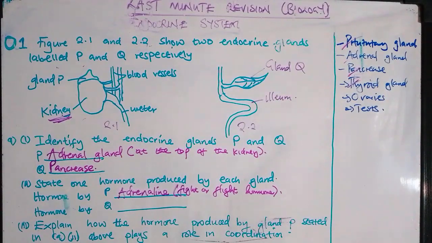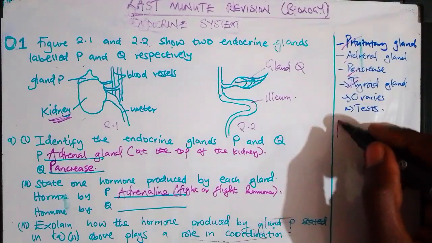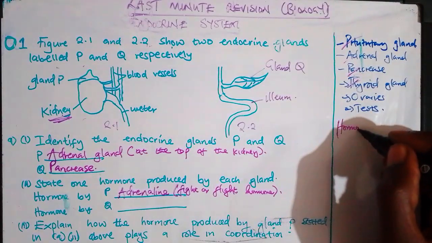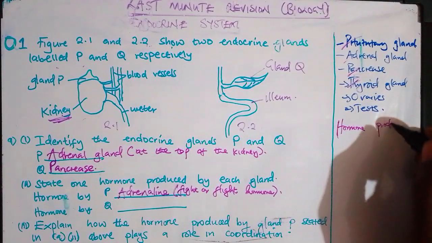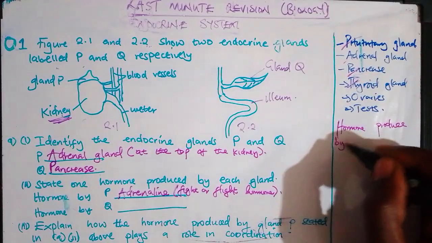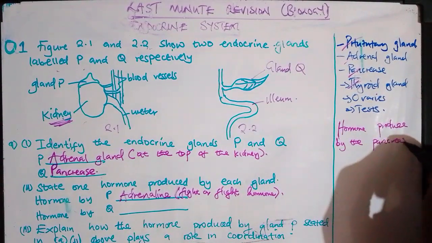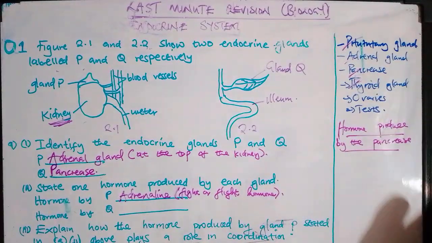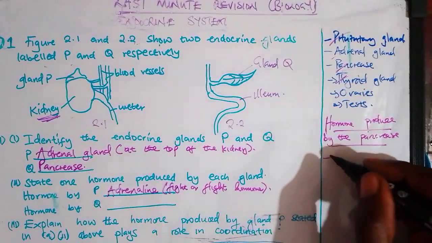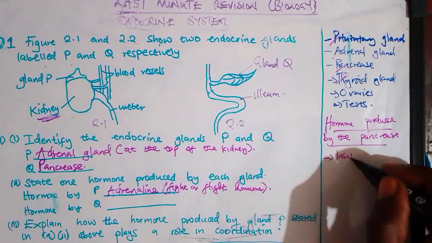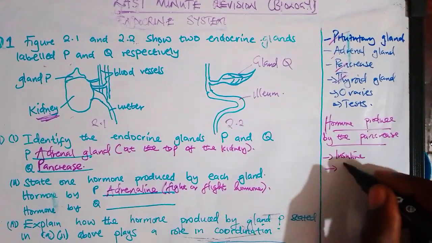Now, the hormone produced by Q. Remember, I told you that the pancreas produces 2 hormones. So when we are talking about hormones produced by the pancreas, we have 2 hormones: insulin and glucagon.